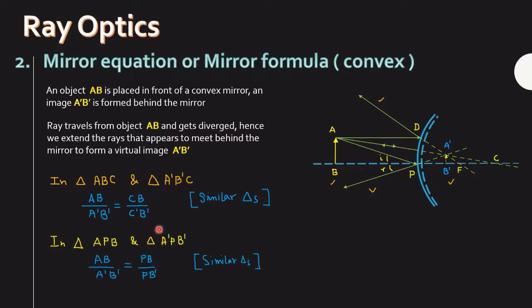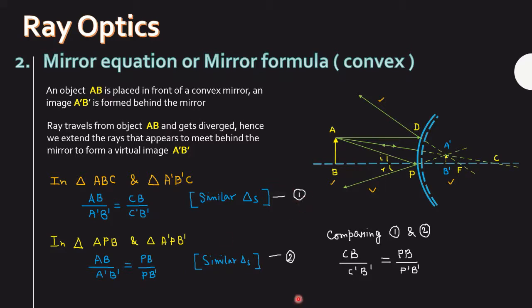Similarly, in the same way, we have obtained that triangle APB, this triangle, and triangle A prime P B prime are also similar, sharing the same angles, and thus we can also write that AB divided by A prime B prime is equal to PB divided by P prime B prime. So next we move forward to the calculation.